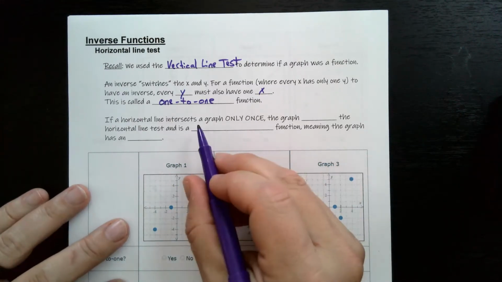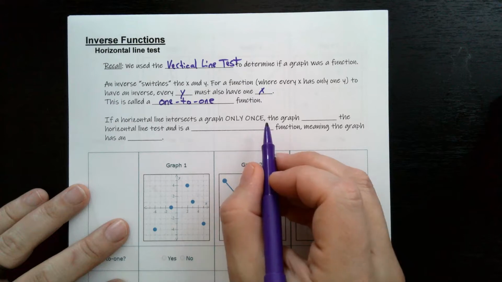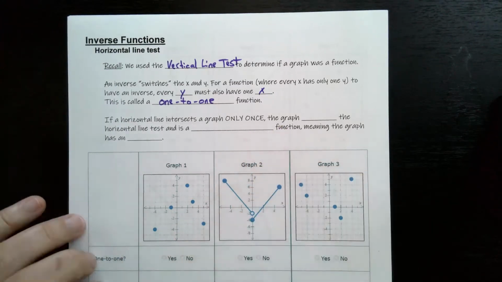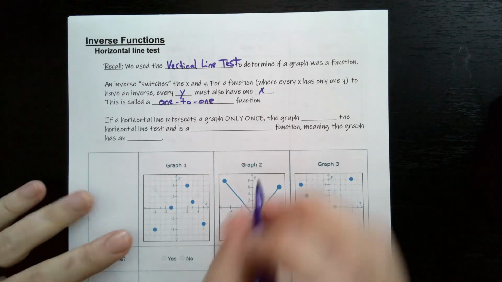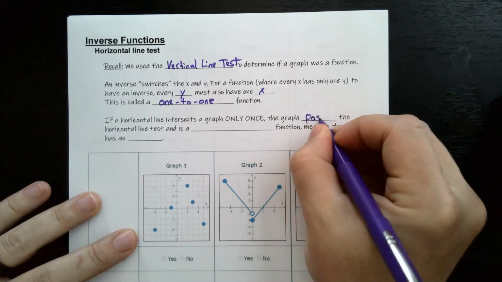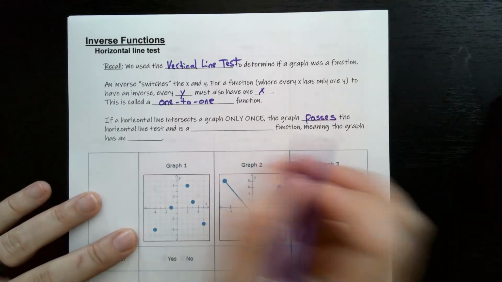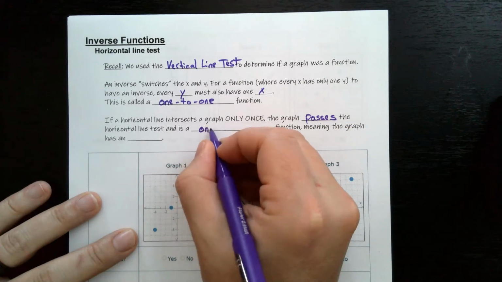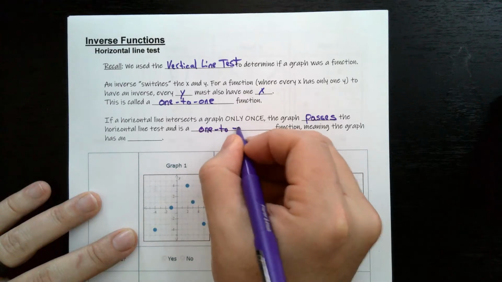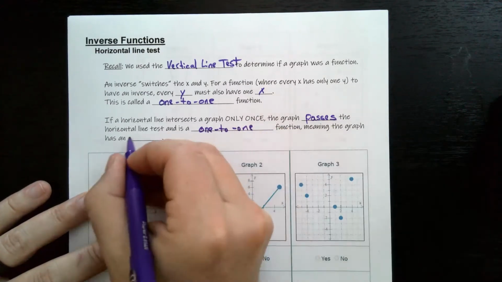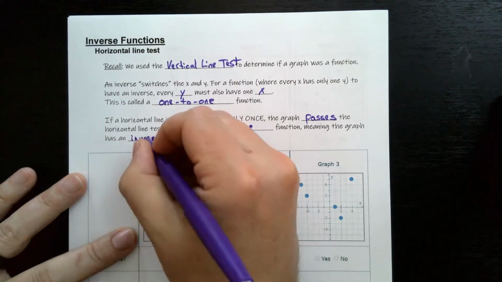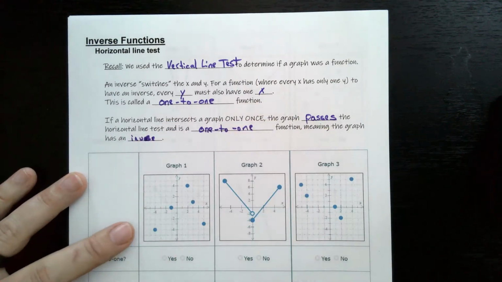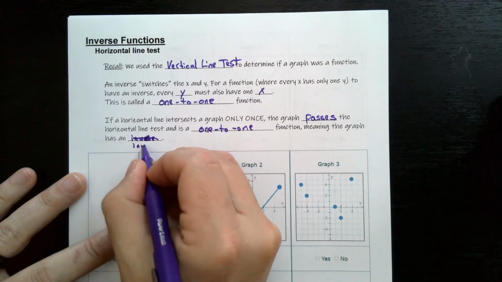If it intersects the graph once, the graph passes the horizontal line test and is a one-to-one function, which means that it has an inverse.